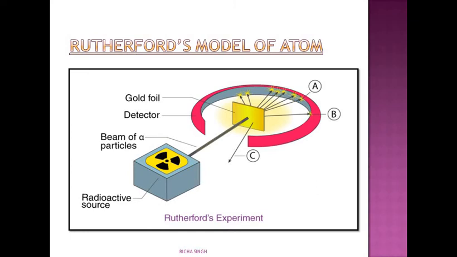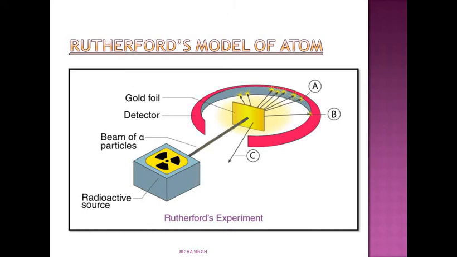In this experiment, he produced a narrow beam of alpha particles from this radioactive source, that is radium, and directed it to a thin sheet. You can see a gold foil where these alpha particles are striking, and at the end there is a movable circular screen which is coated with zinc sulfide.